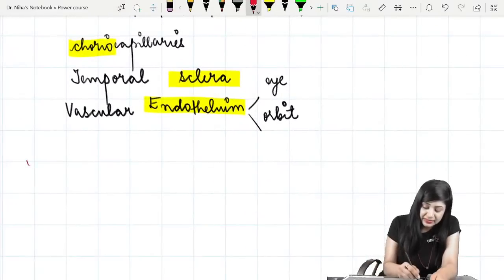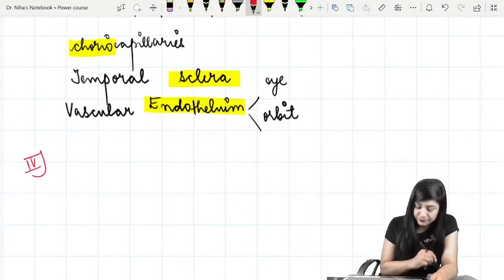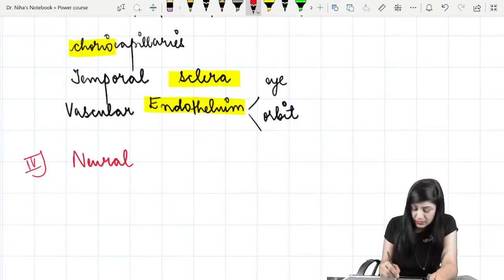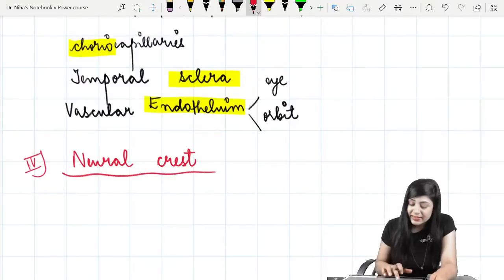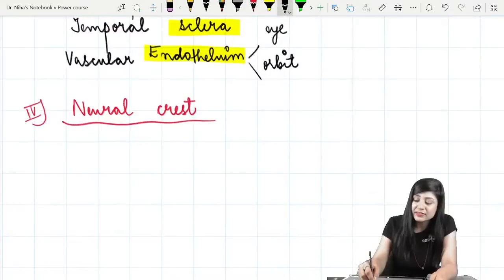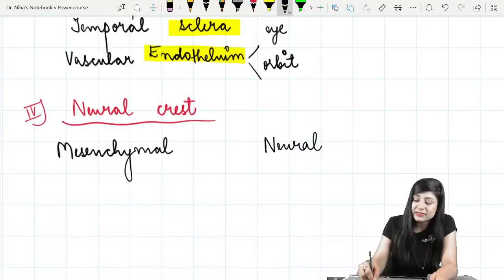And then finally the number 4, that is the neural crest. Neural crest has got 2 parts, guys. We have the mesenchymal part and the neural part.